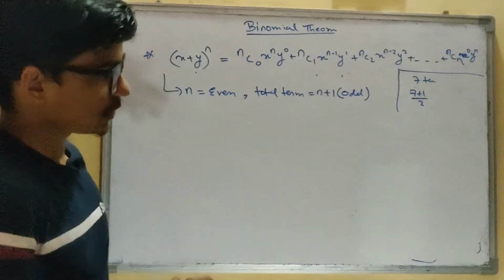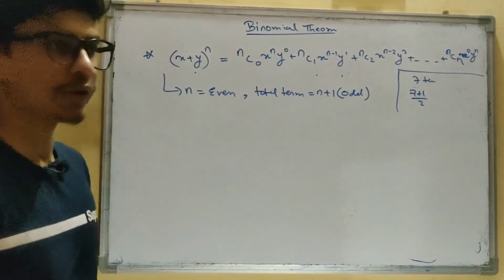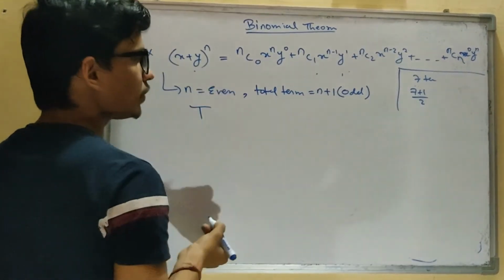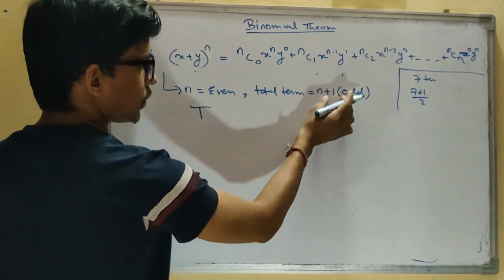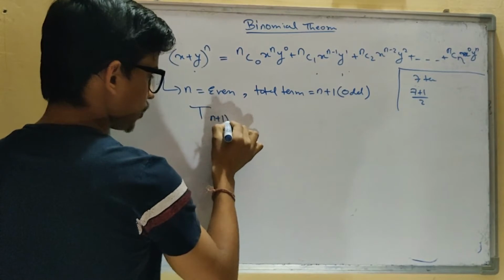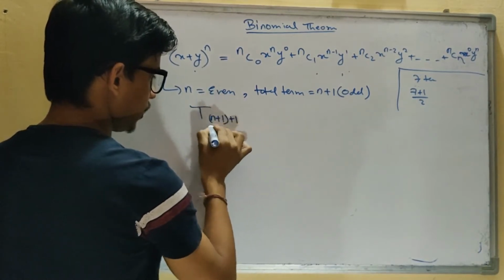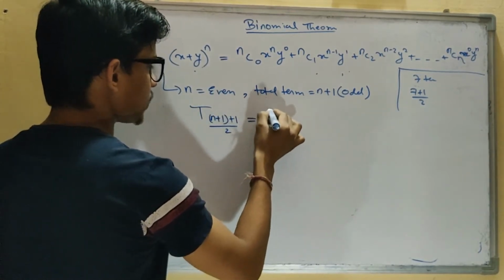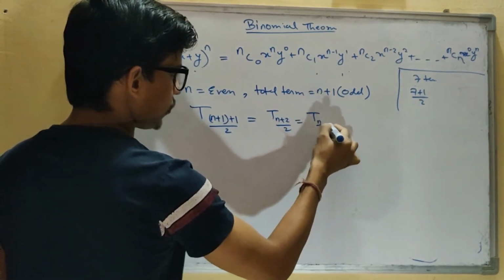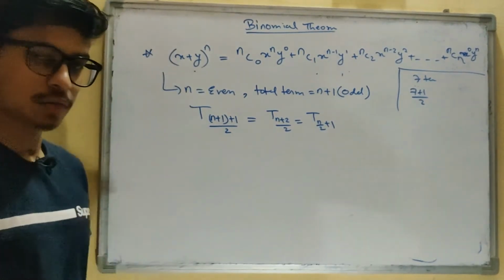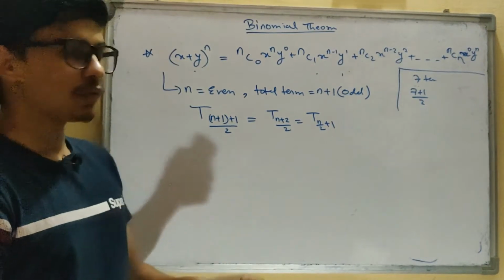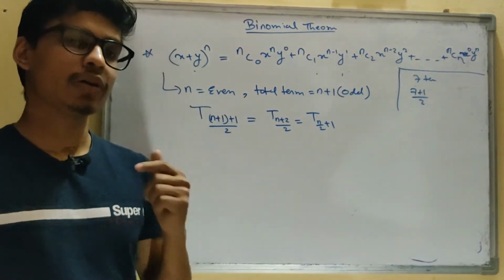If there are 7 terms, then (7 + 1)/2 is going to be the middle term. So which one will be the middle term? n + 1 is odd, so n + 1, that is the total number of terms, plus 1, divided by 2. So this can be written as T((n+2)/2), which is equal to T(n/2 + 1). So this term will be the middle term in the expansion, because if the total number of terms is odd, then there is going to be only one middle term.